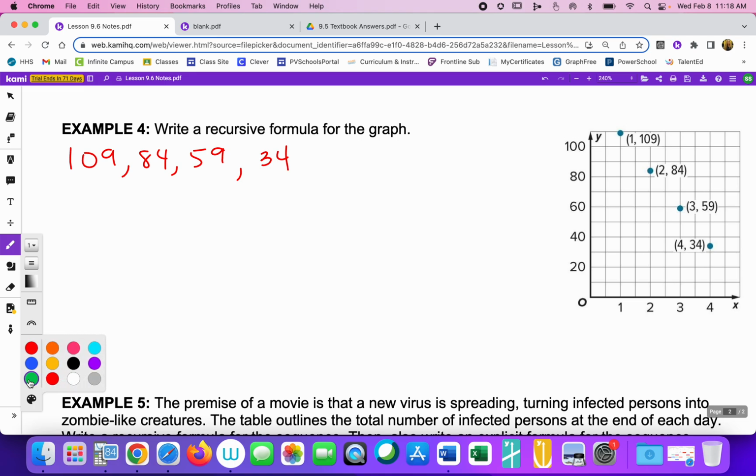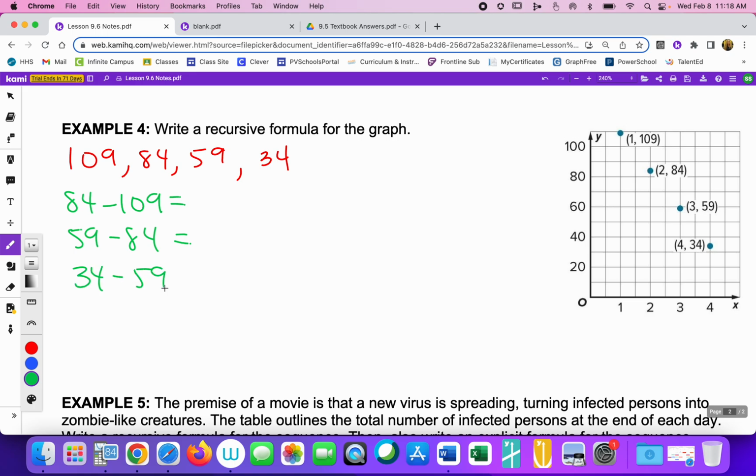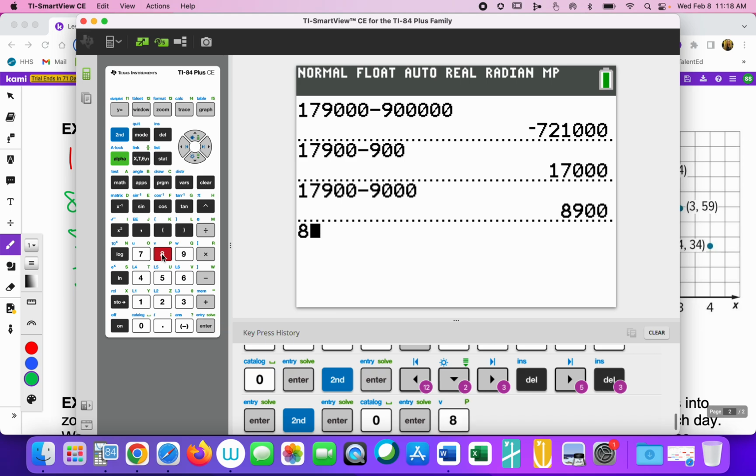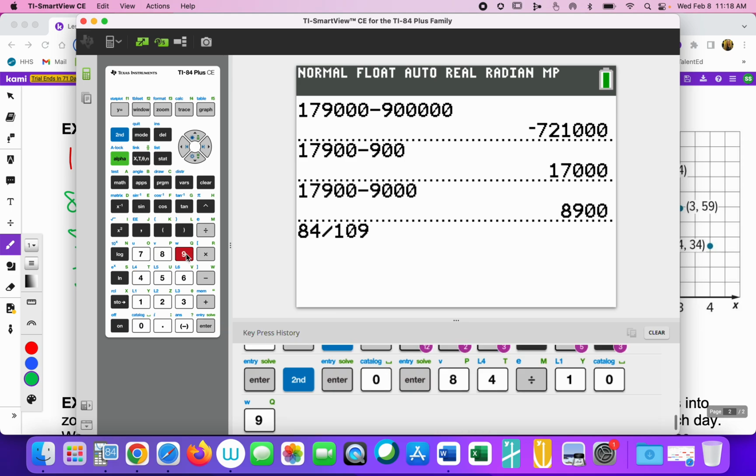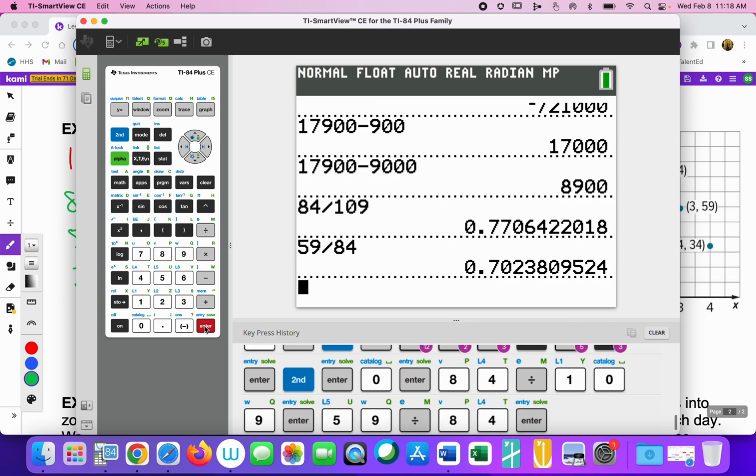All right. Now what is it decreasing by? It's subtracting 25. If you took your common difference of all of these, it'd be negative 25. If you started dividing them, like 84 divided by 109, weird decimal or a fraction, and then 59 divided by 84, not the same.